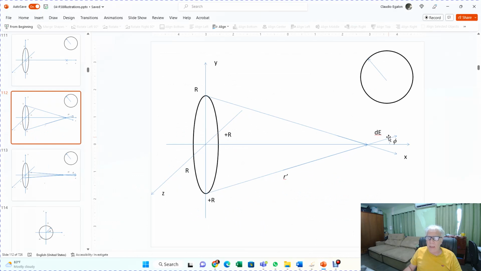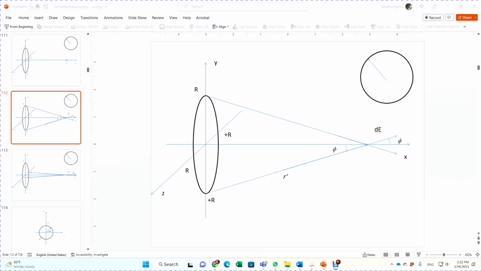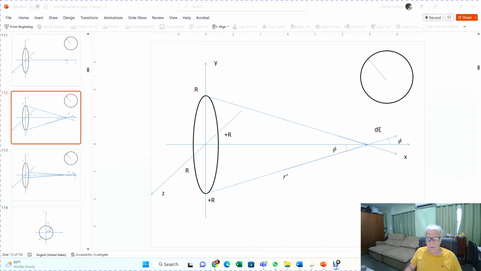Cosine of phi, this angle phi here, is also equal to this angle here. And the cosine of phi is going to be this distance x from the center of the ring divided by r prime. That's the drawing we have here for this angle. x over r prime is cosine of phi.